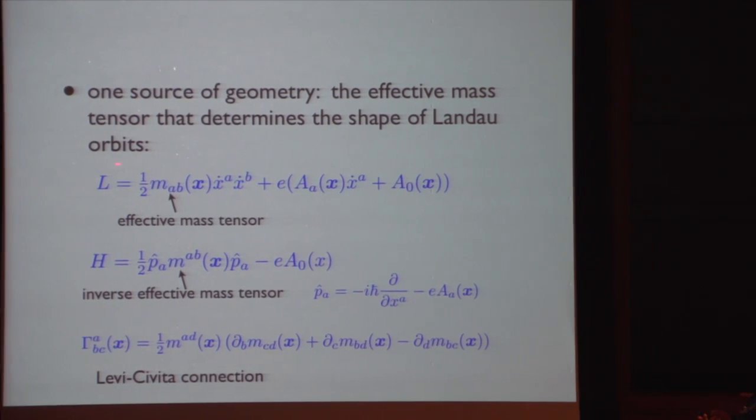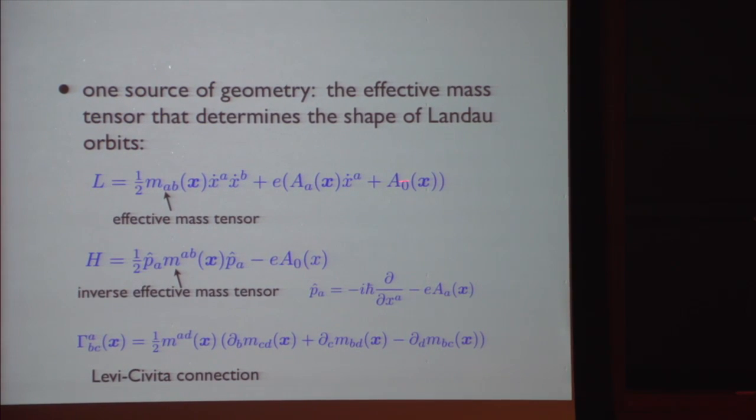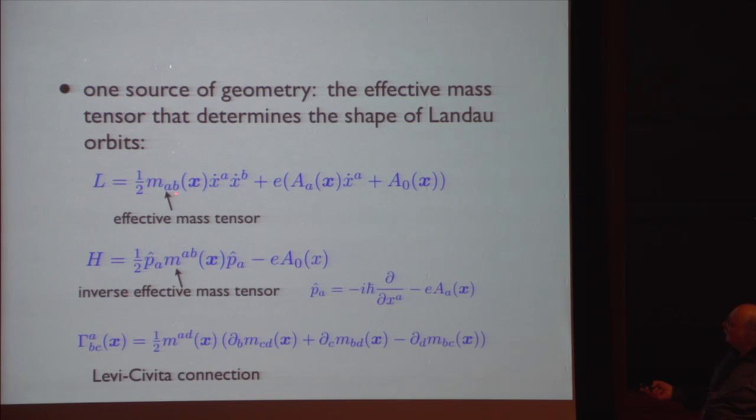So if I just take a particle in a magnetic field, coupled to electromagnetism, and instead of just having a delta AB, a Euclidean metric times a gravitational mass here, I give it a more general effective mass tensor which has its origin in band structure, then one can work through this thing.